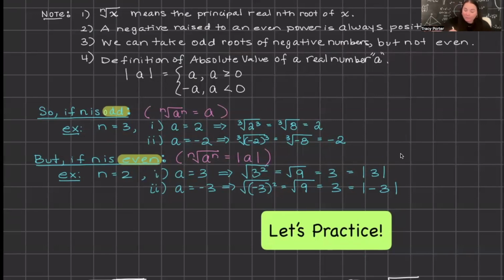Those are equivalent. But if you let a be negative 3, you're also going to end up with the square root of 9. But we know that gives you 3. However, that's equivalent to the absolute value of negative 3. So this would be the absolute value of a once again. So for this case, it's working in this example. This is just to illustrate how this theorem is operating.